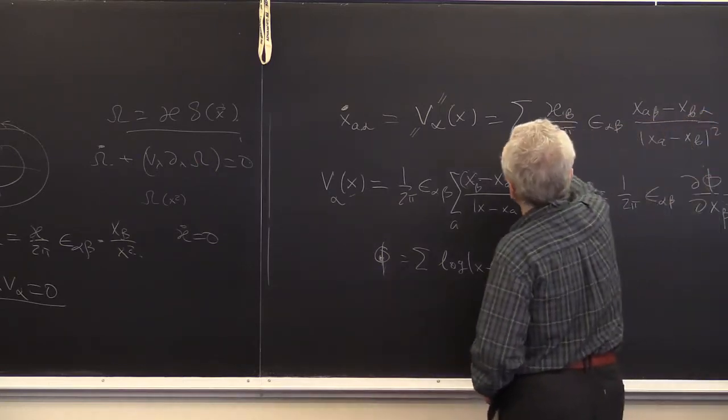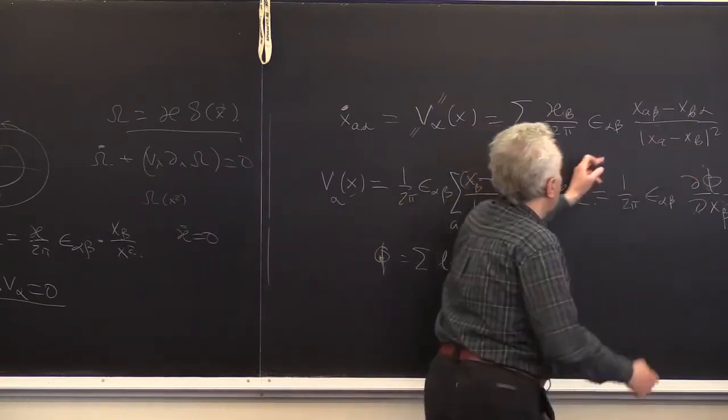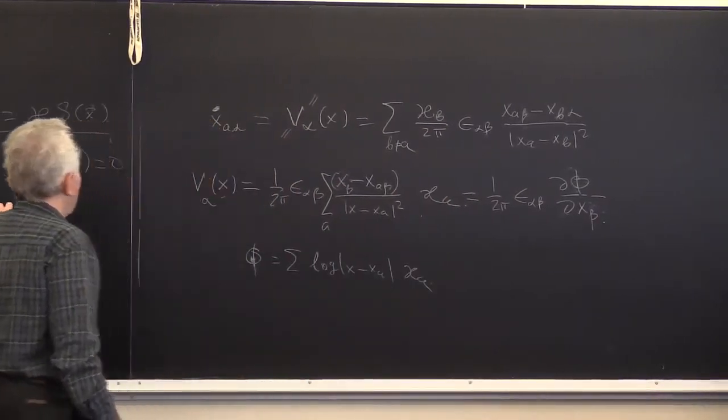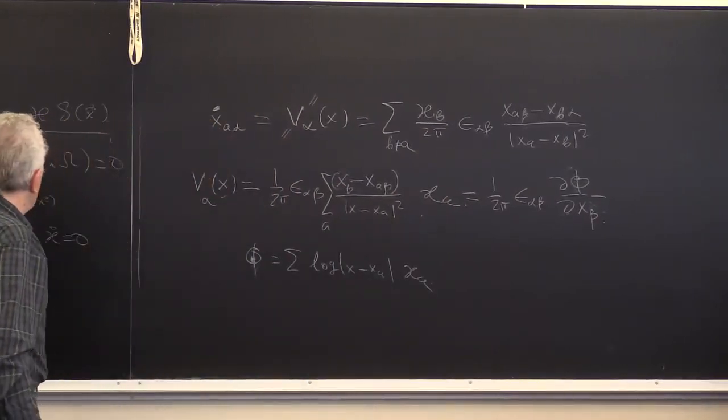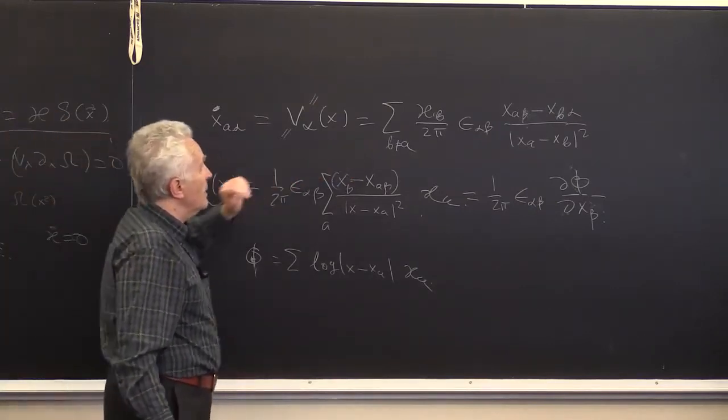And important, there is of course a singularity when b is equal to a, but we avoid it. As we learned, there is no self-interaction of the vortex. And this is the equation.